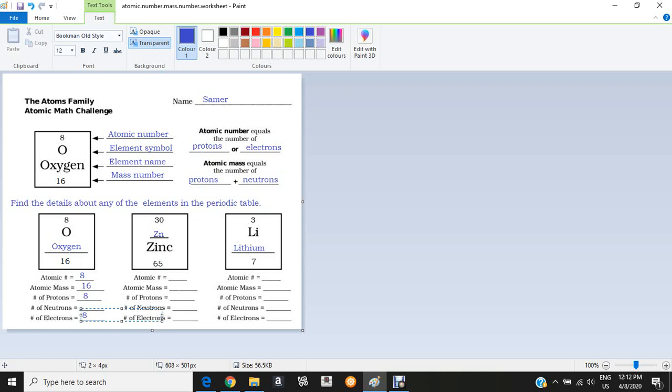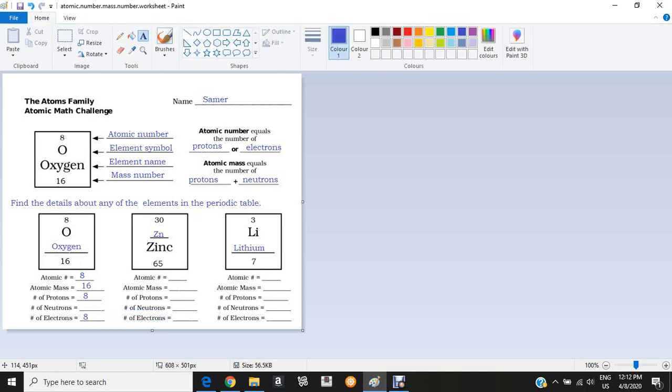Okay? Now, when I want to calculate the neutrons, and I have the atomic mass, we go back all the way here. What do I have? Atomic mass equals number of protons plus number of neutrons.